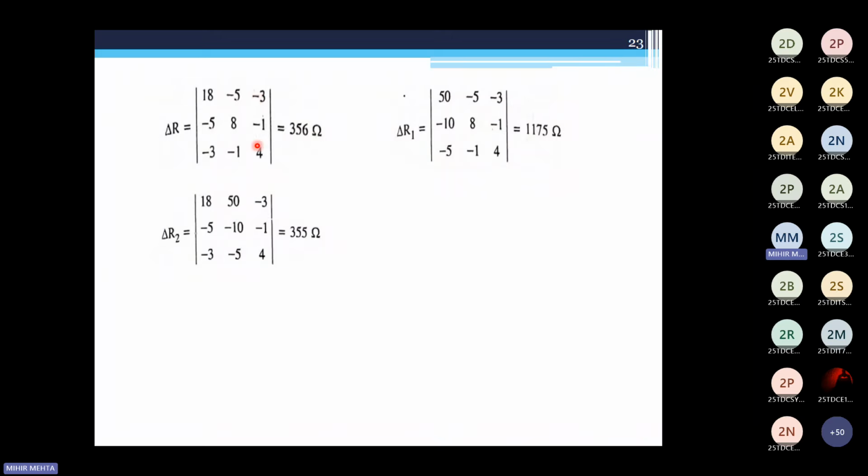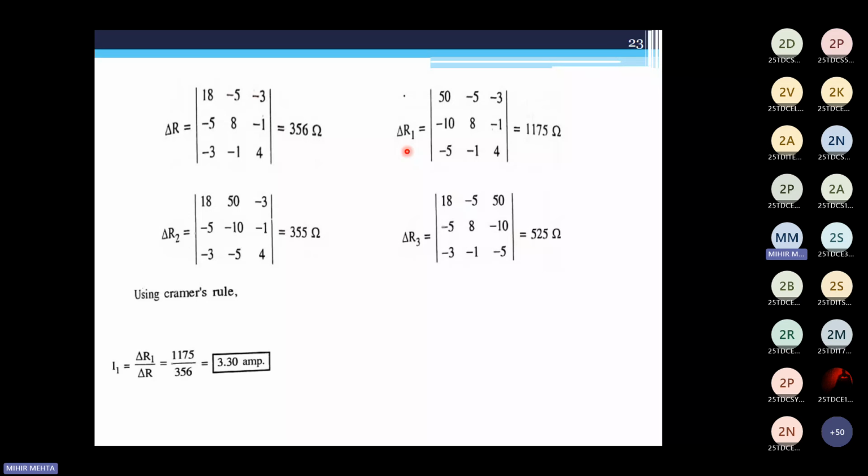So this is what you get, and finding out your I1, I2, and I3. I1 would be D1 by D, so that is delta R1 by delta R. Similarly, I2 would be delta R2 by delta R, and delta R3 by delta R would give you your value of I3. So these would be the equations and this is how you solve them. And this is how you can get to your answers.